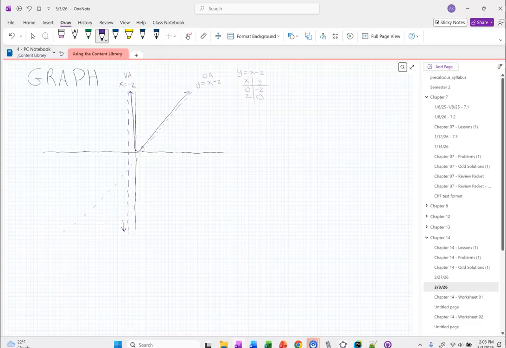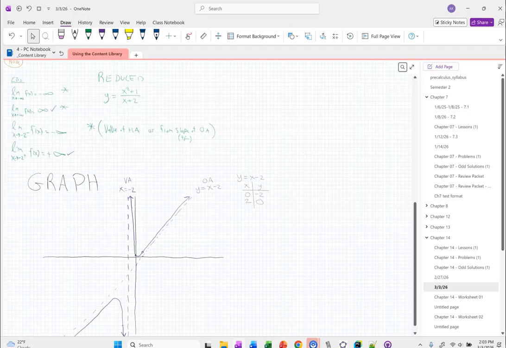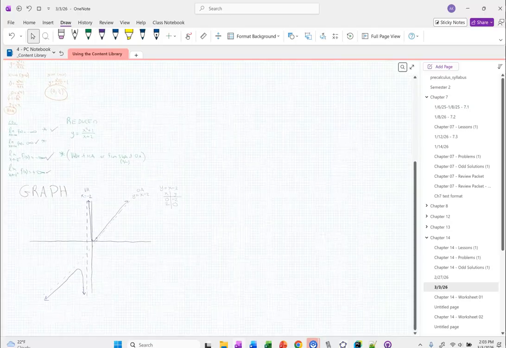Now the graph can't cross the asymptotes, so I would just draw this similar to how I drew the other piece and just kind of connect it together. Notice that as x goes to -infinity, y is going to -infinity, which is exactly what we say here. So what we've done is we've taken our key features and pieced them together into a graph.